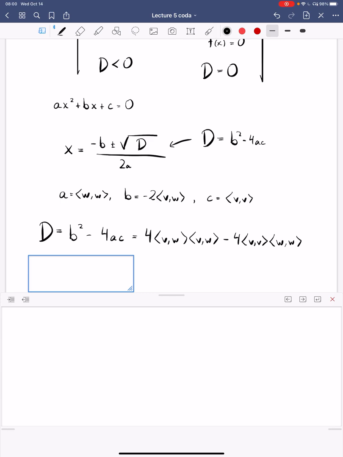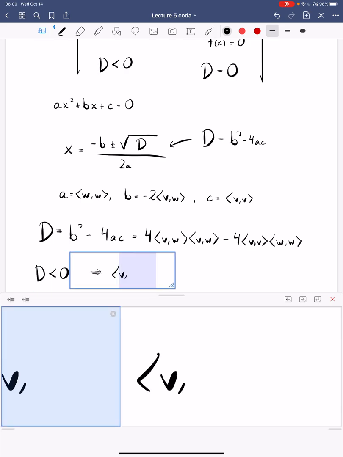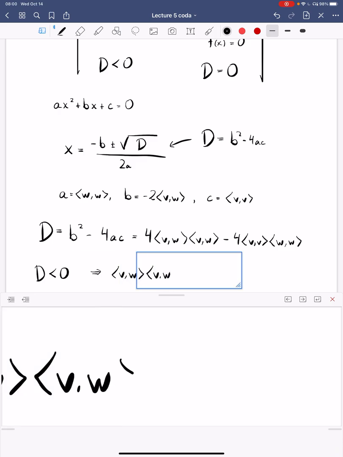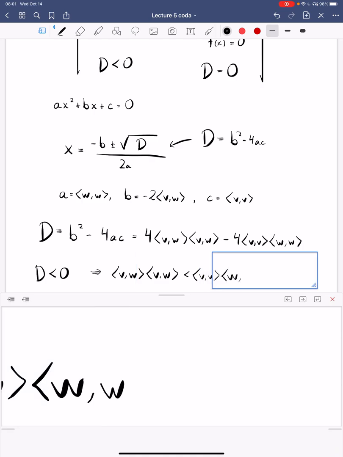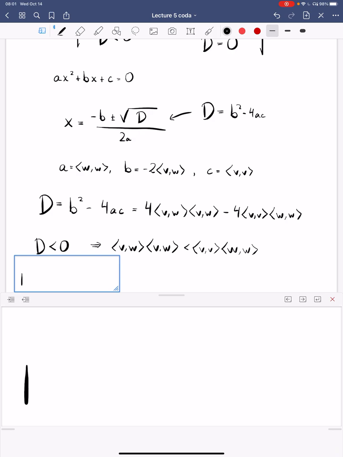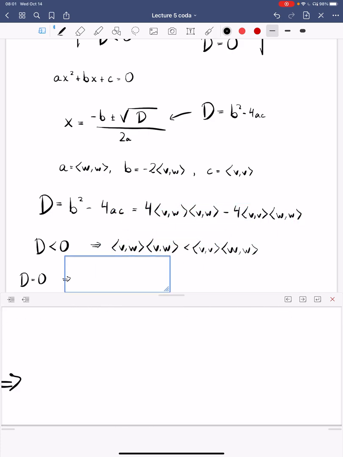So if D is strictly less than 0, right, then what does that give me? That gives me scalar product of V with W, V with W, is strictly less than scalar product of V with V times W with W. Okay, and if D is equal to 0, then that gives me actually equality between these two quantities, right?